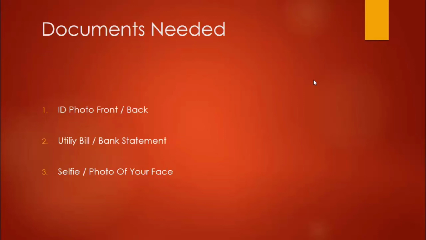Then they will require a utility bill or bank statement in order to confirm your address. And then they will require a selfie or a photo of your face, okay, to match the ID photo so that they can see you are that actual person. These are the general things.